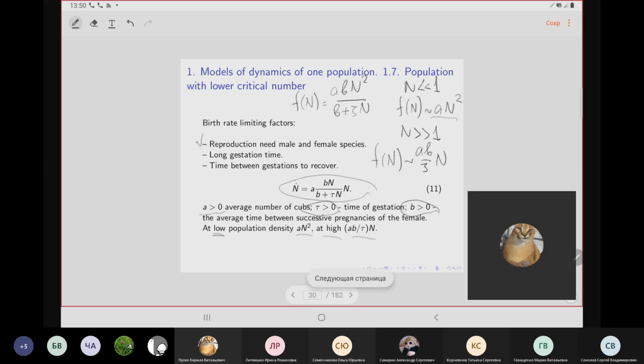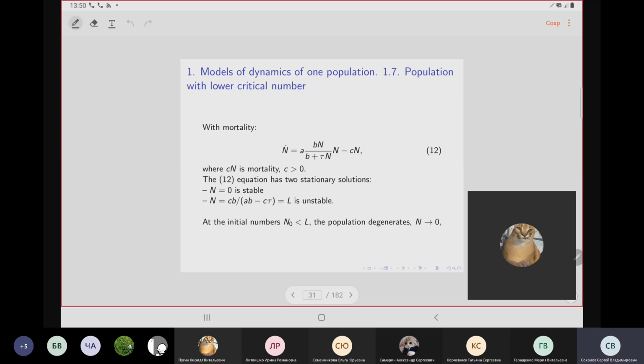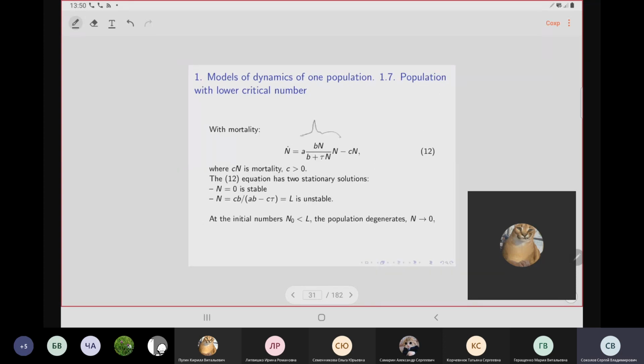Well, now the equation 11 is our birth rate. What about the death rate? We have to take into account the mortality. So if this is our birth rate, we must take into account some negative coefficient. Since the first part is always positive, we must have something negative.